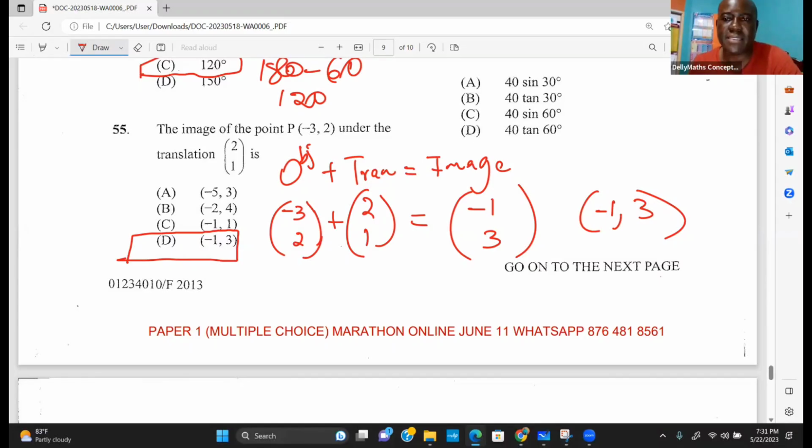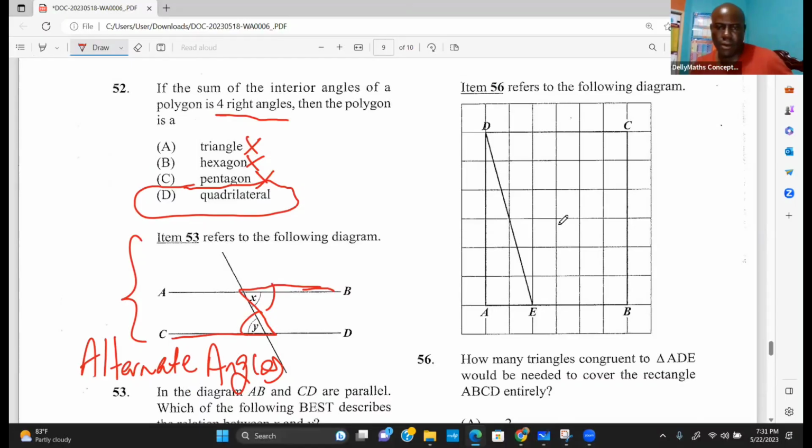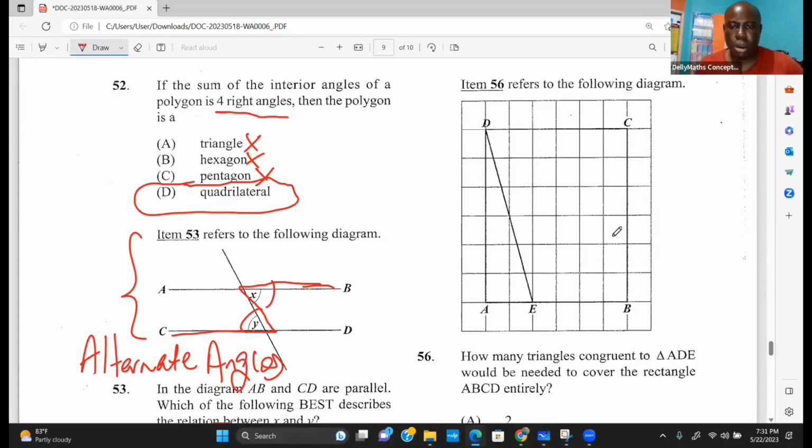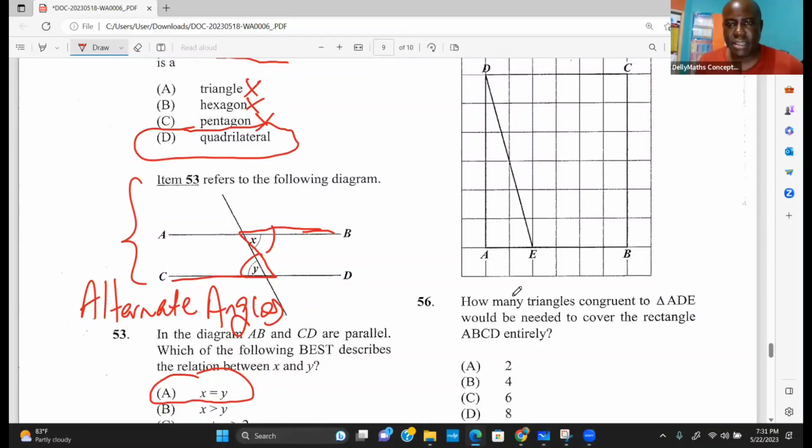Number 56. All right, so 56 is saying, how many congruent triangle ADE would be needed to cover the rectangle ABCD? So guys, you have to be thinking. Well, this is no big thinking anyway, but let me highlight.